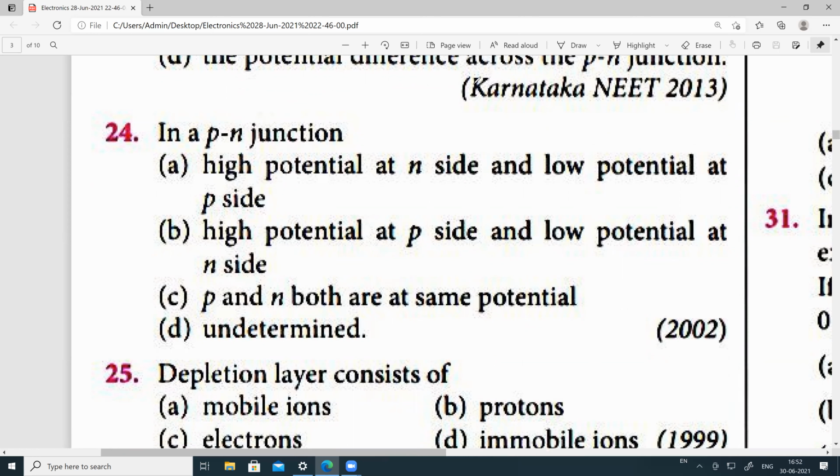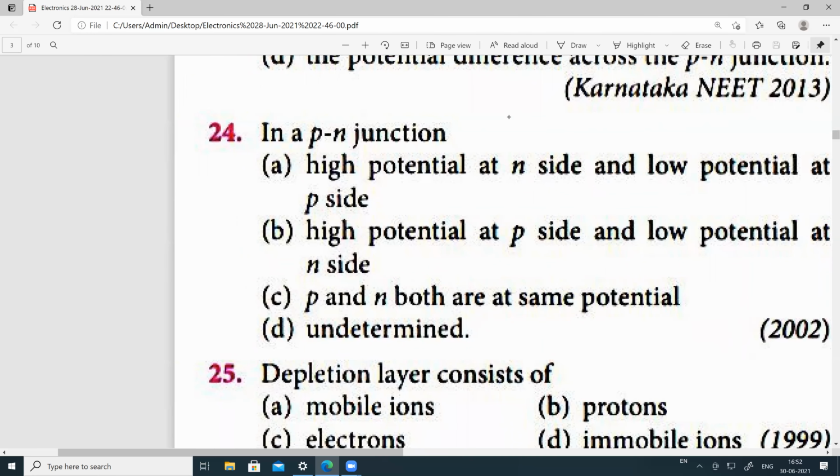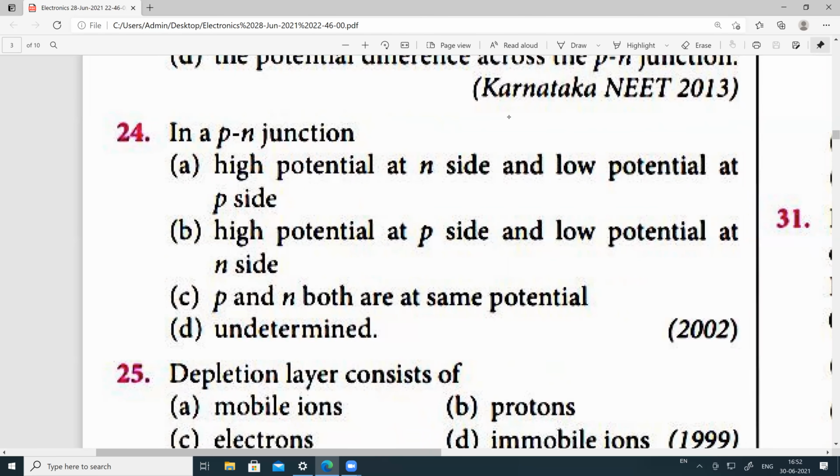So for 24th one, when we observe all the four options, the right answer is the first one. That is high potential at N side and low potential at P side.